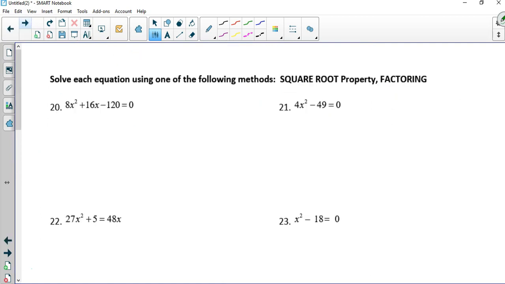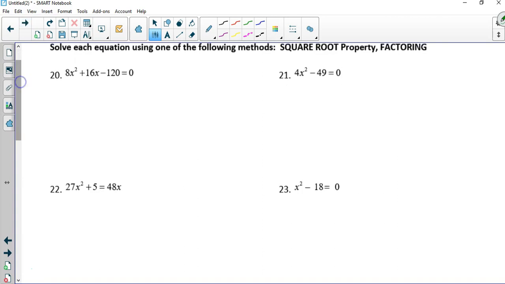Number 20. Again, I can use any method I want. I'm just going to break this down and factor it, but first I'm going to pull out an 8 to make my life easy. Makes it much easier to find those numbers. So I need two numbers to multiply to give me 15 that differ by 2.